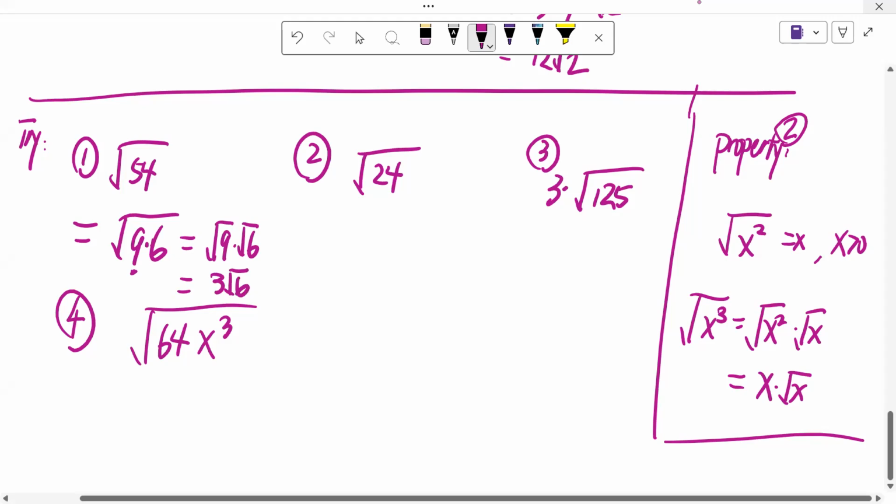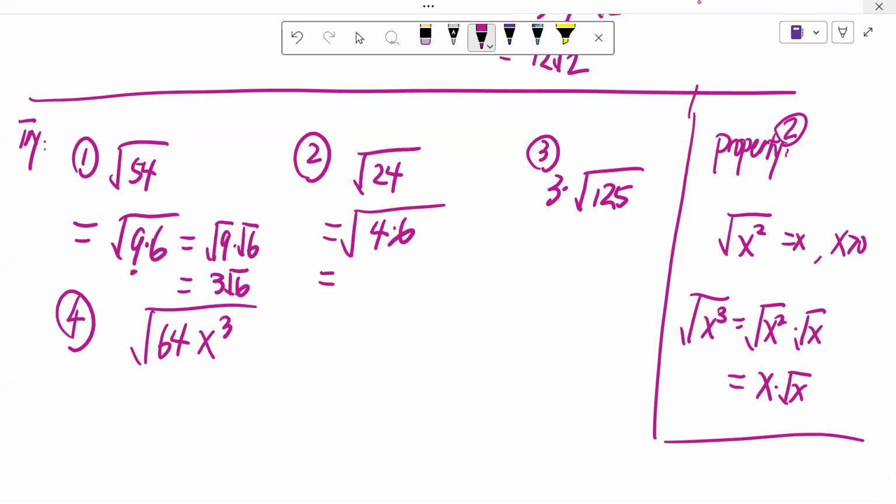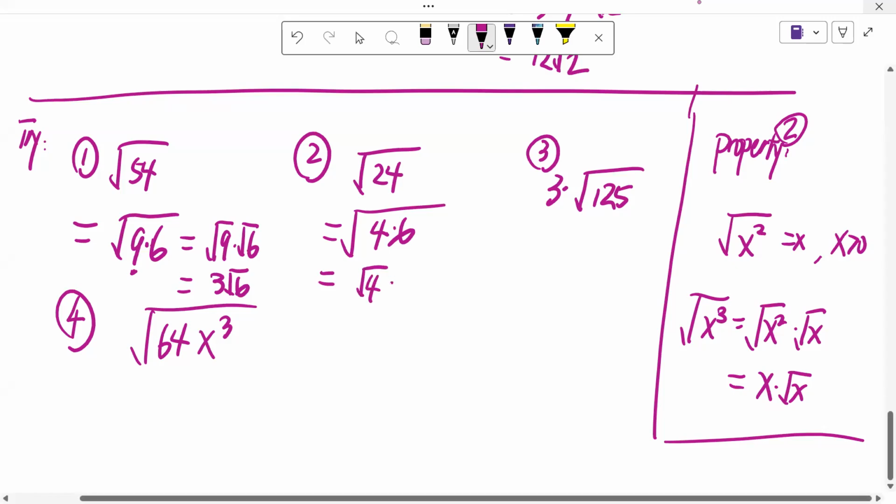And then for 24, what's the maximum perfect square going into 24? It's 4 and 6, right? 4 times 6 is 24, and 4 is the maximum perfect square going into 24. It's going to be square root of 4 times square root of 6. Square root of 4 is 2, so 2 square root of 6. That's the answer.